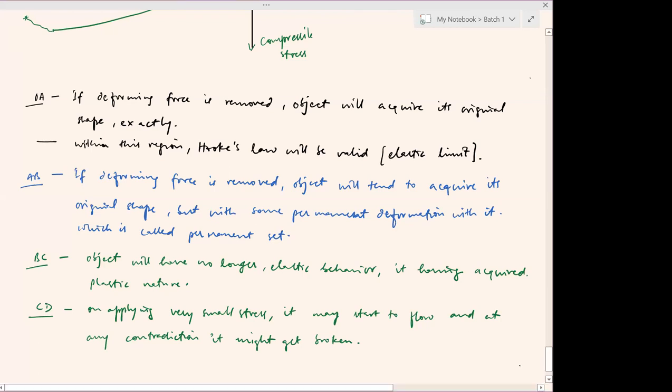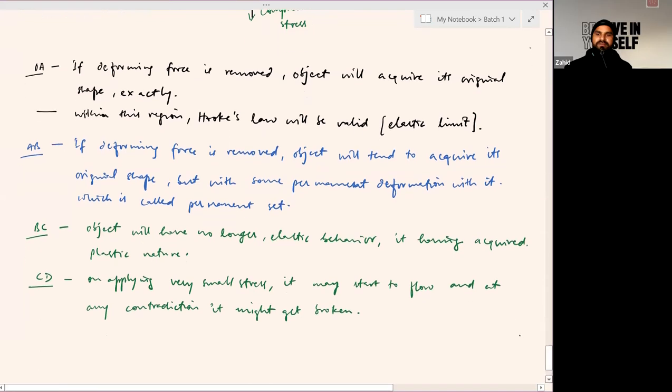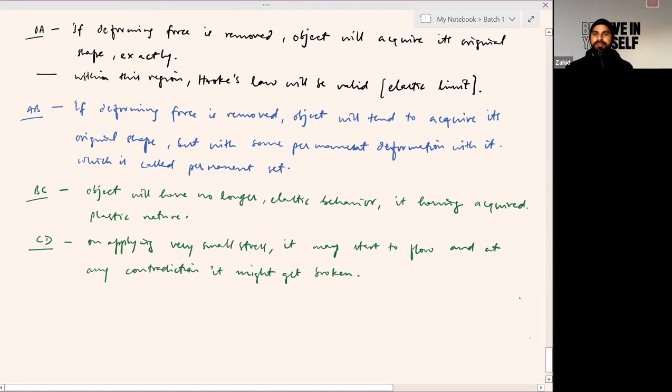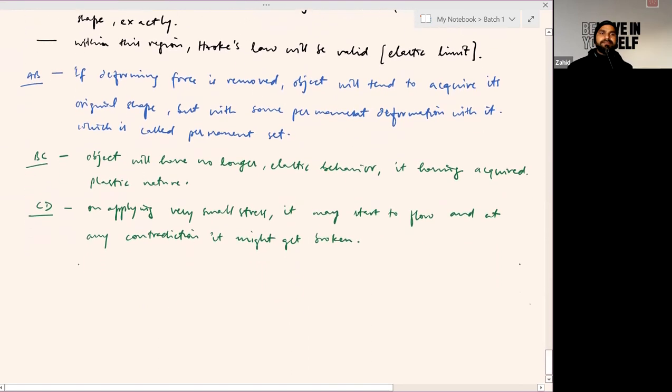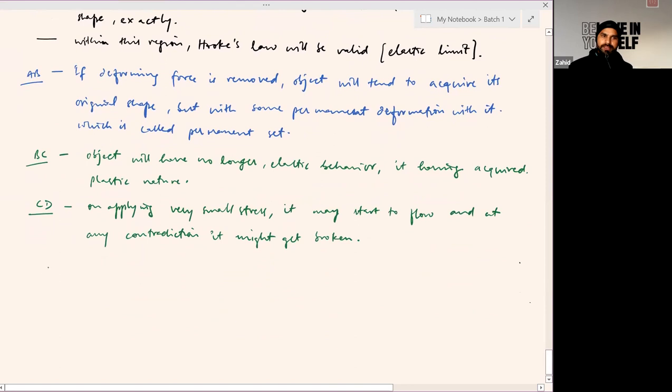Okay. Now, on the basis of this curve, we may define the properties of a material. First is ductility, malleability, and brittleness. Hiba, do you have any idea about these terms?